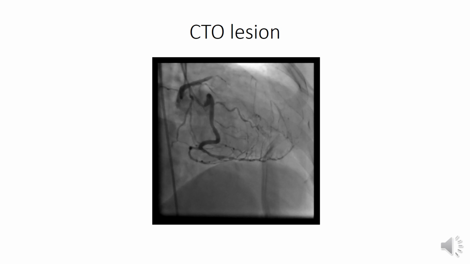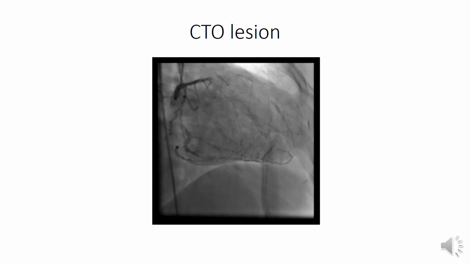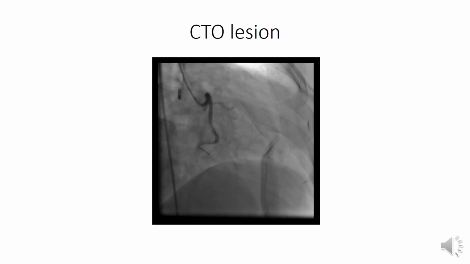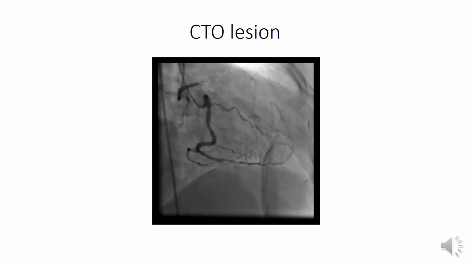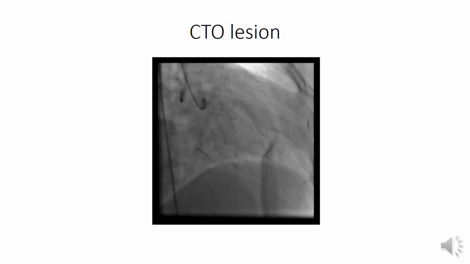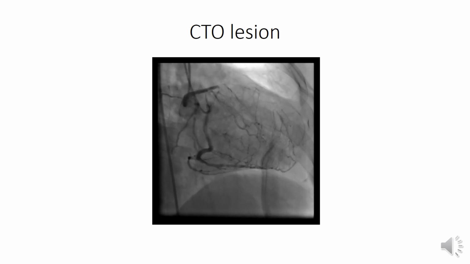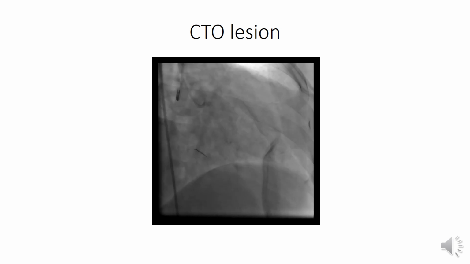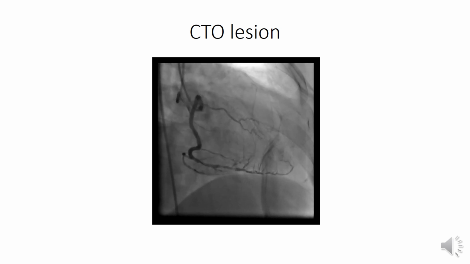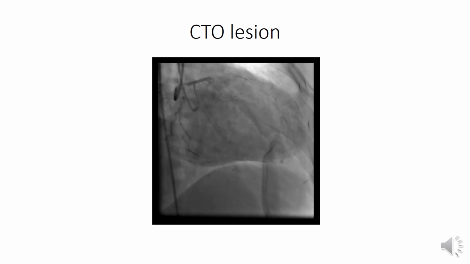This view shows injection firstly on the donor vessel or the RCA that gives retrograde septal branches to the distal segment of the LAD. Then we inject dye on the culprit vessel or the CTO vessel, so we have appreciation of the length of the total occluded segment, just to be familiar if we see such a picture.